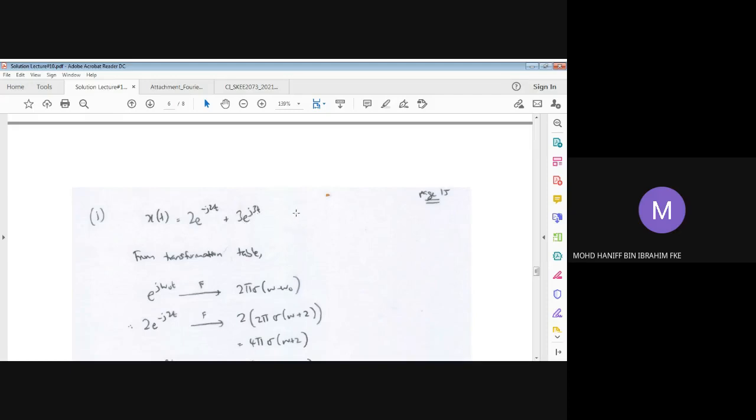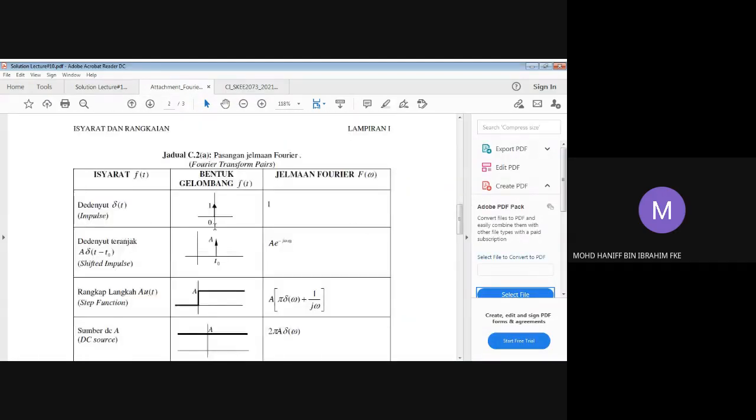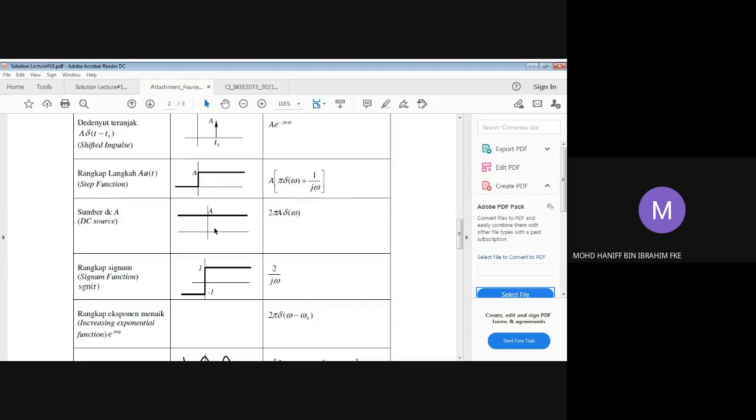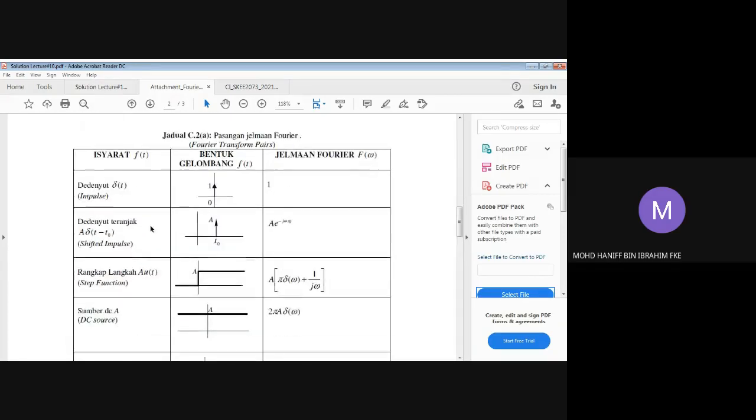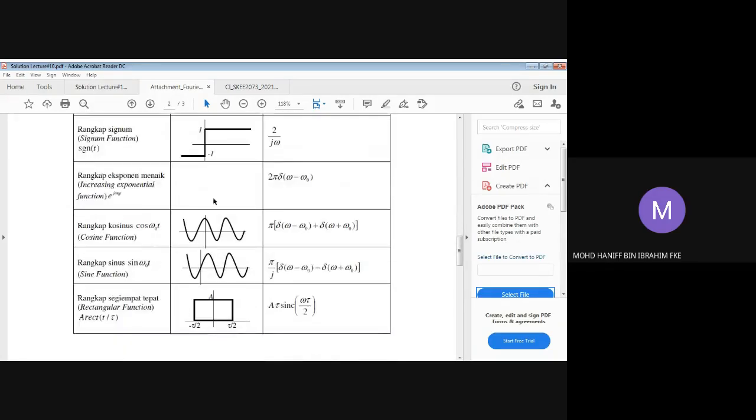Basically, this can be referred to the table. Specifically, you can refer to the table on page number 2, I believe, which shows us the exponential terms. Referring back to the table, second page, signal number 6, where we have the exponential term e to the j omega naught t.